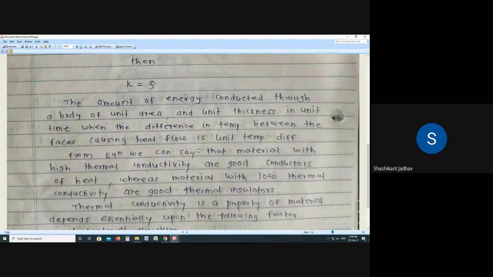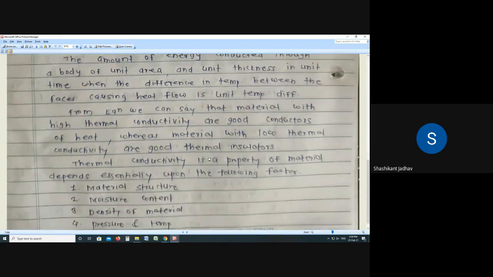If a material has low thermal conductivity, that material is a good thermal insulator. So this is about thermal conductivity.